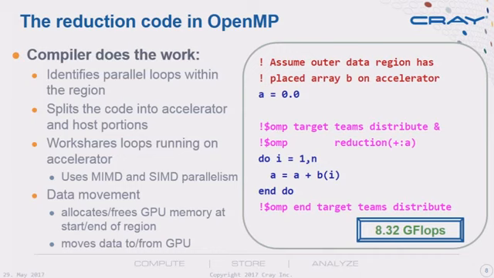Then at the end we maybe do some more stuff on the CPU, writing files, printing out something, and so on. So the compiler divides your code into a serial and a parallel part. It also keeps track of data movement, so the compiler manages copying data to the GPU, and at the end copying back.